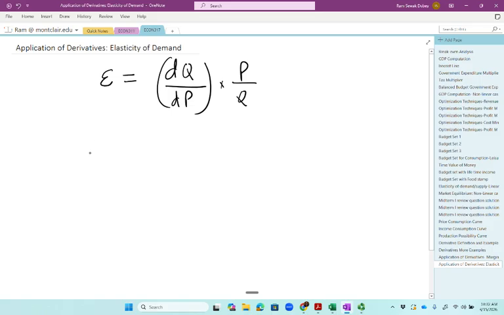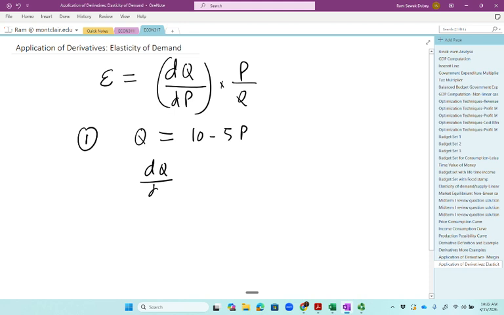So let's start with a demand. So this is example number 1. Demand itself is given as Q equal to 10 minus 5P. So here we have the derivative of demand with respect to price as the first part which we have to compute.